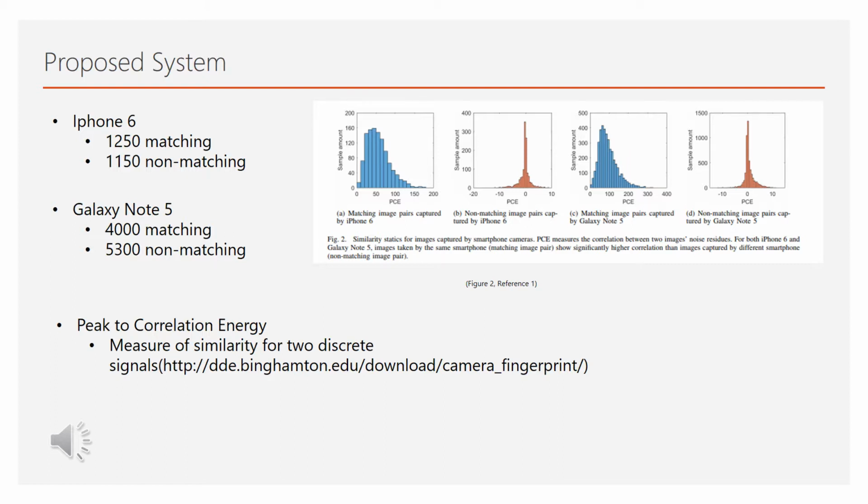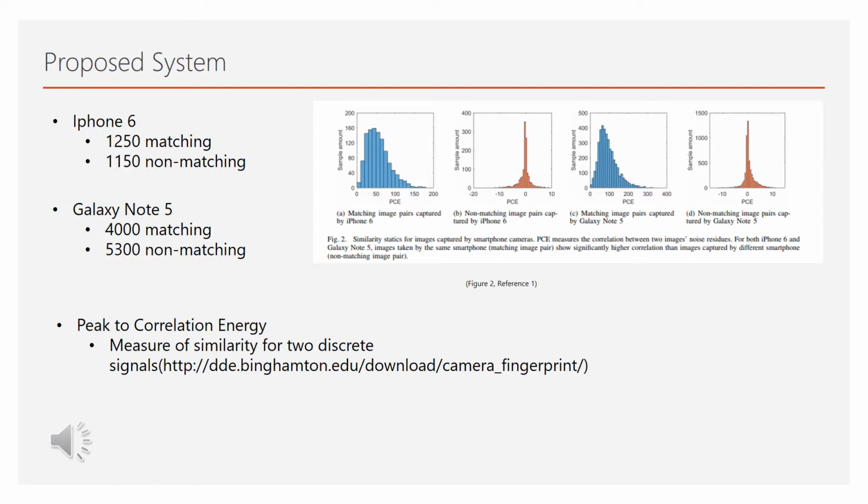Quick definition, the peak to correlation energy. It is the measure of similarity for two discrete signals. In figure 2, taken from the writers' original research paper, you can see that in A, it shows the matching image pairs captured by the iPhone 6.